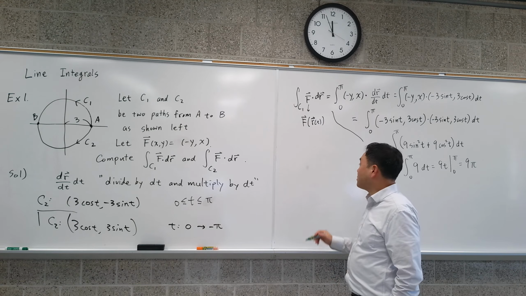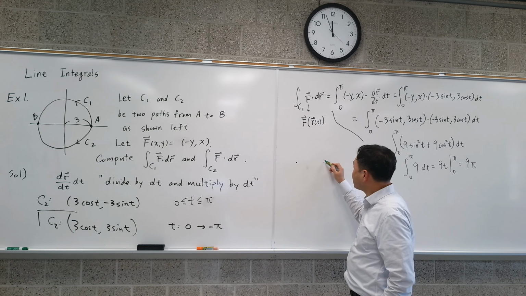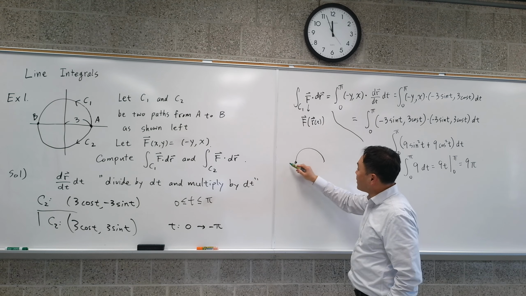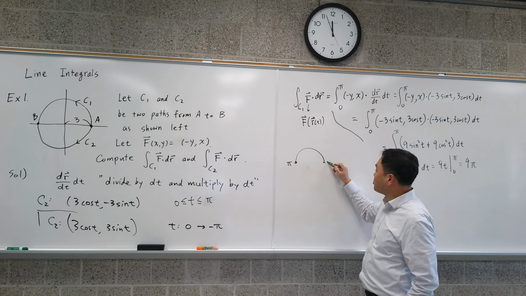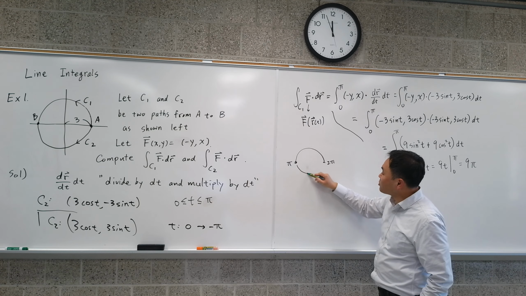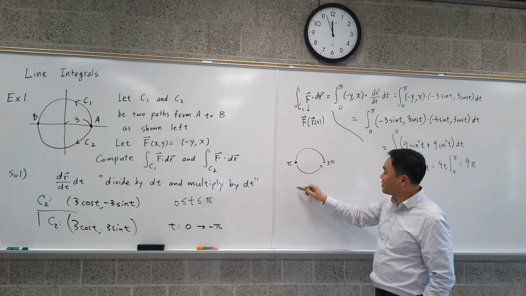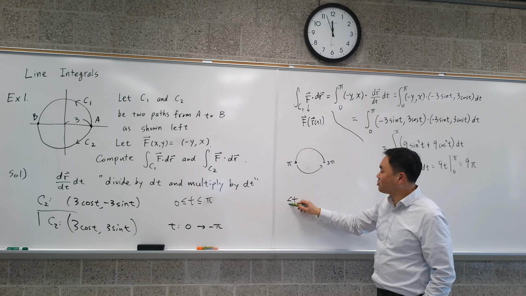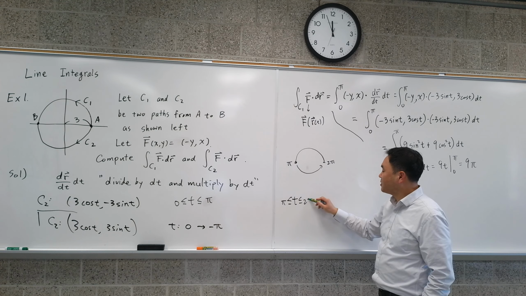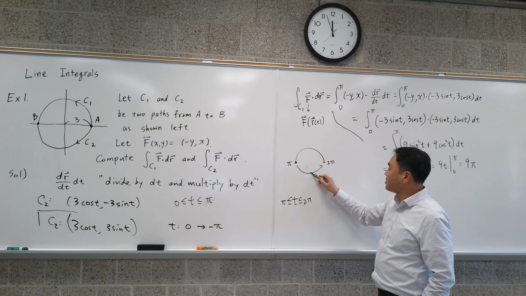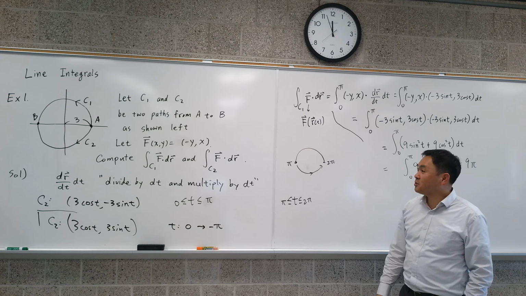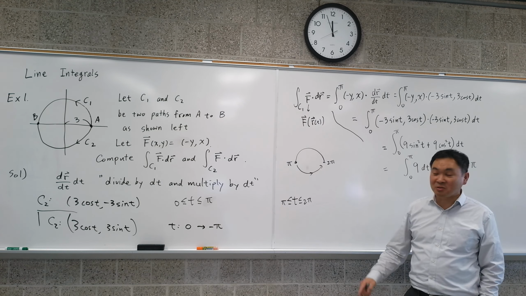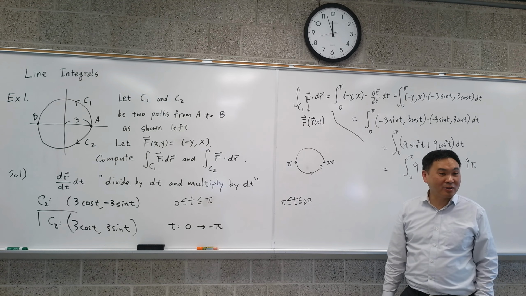Here's another way to do it. Here's angle pi, and here's 2 pi, right? If t goes from pi to 2 pi, you get something like C2, except the orientation is backwards, right?